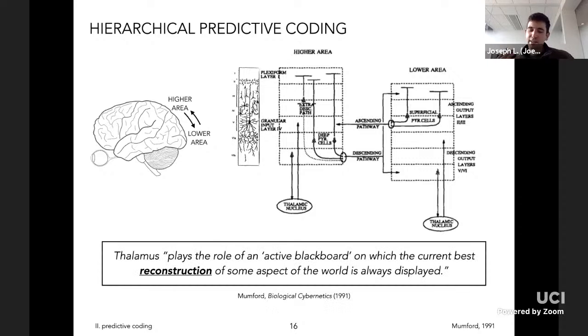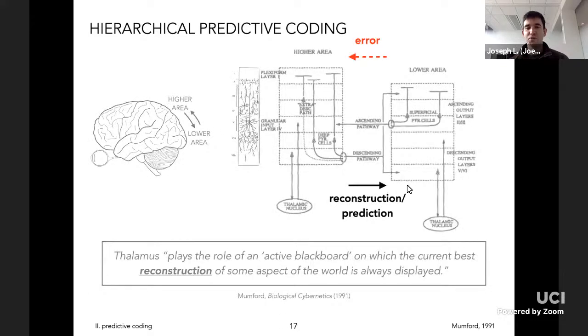His basic premise was, what if the thalamus, this region down here, plays the role of something like an active blackboard? What he meant by that is that we're going to try to form our best reconstruction of some aspect of the world on the thalamus. We're going to reconstruct, or in a sense predict, what's going to happen in the sensory input.